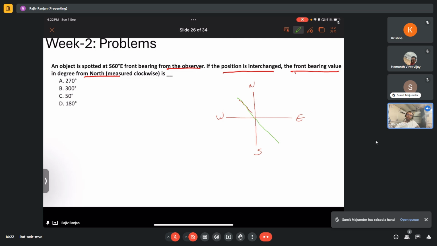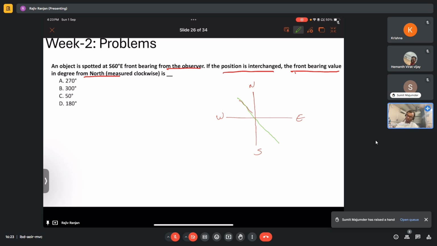Suppose you are looking from the top, and you saw an object oriented south 60-degree east from you, from your direction.